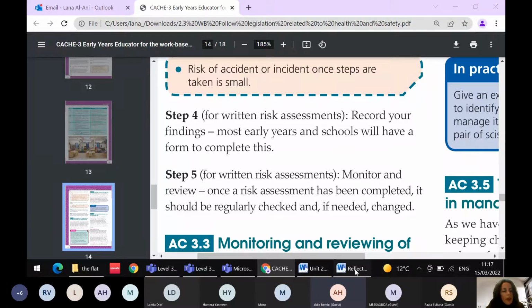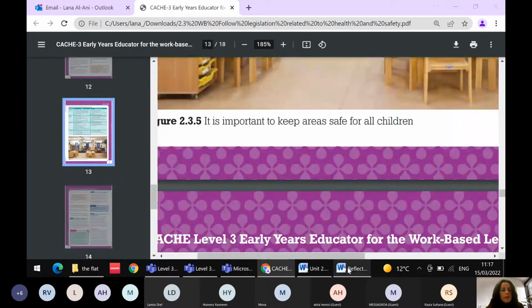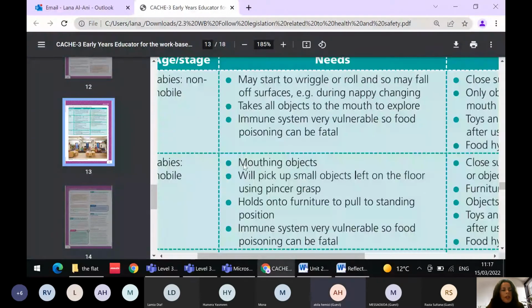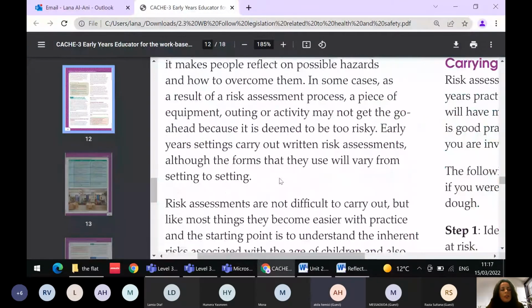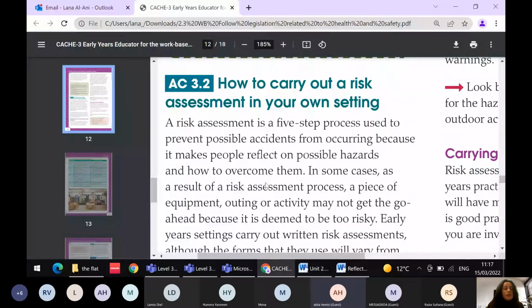So now to answer this question, where it says carry out risk assessment within your setting, what would you answer? That's question number 3.2. If I'm going to answer this question, I would say in my own setting, in my nursery, I always make sure before I plan any activities to do a risk assessment.